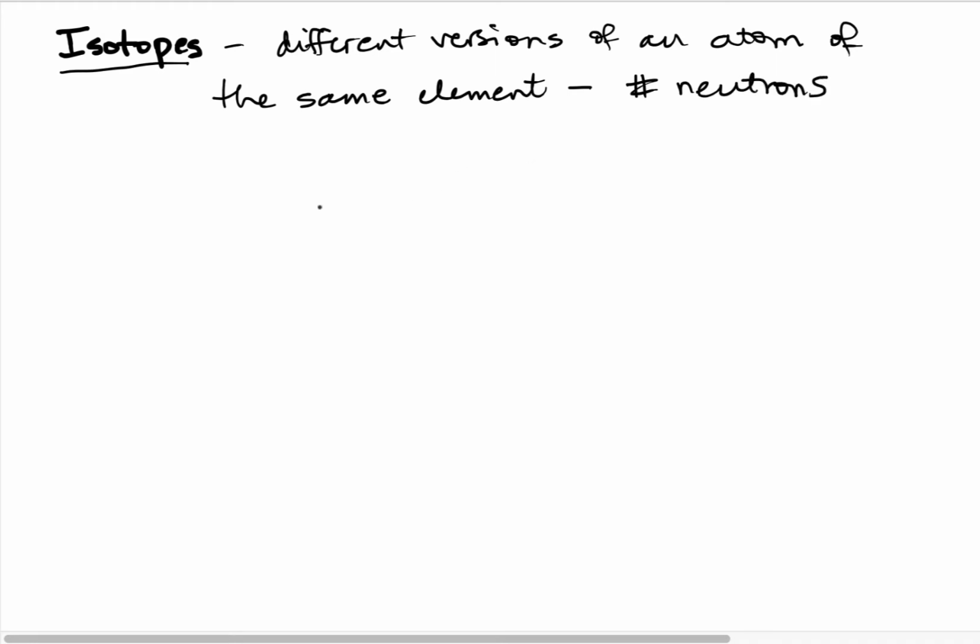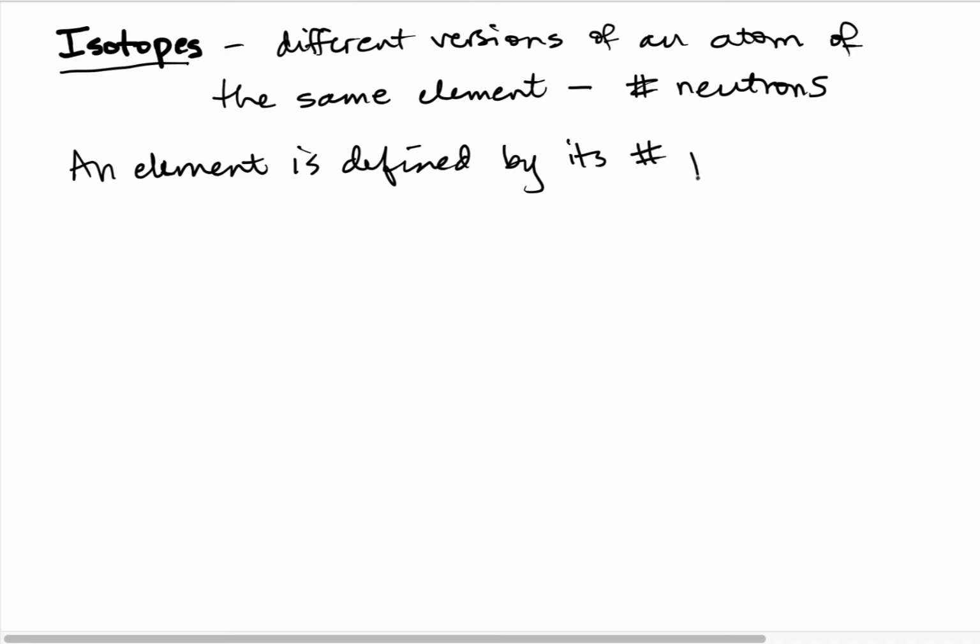So hopefully what you've understood so far is that an element is defined by its atomic number, its number of protons.